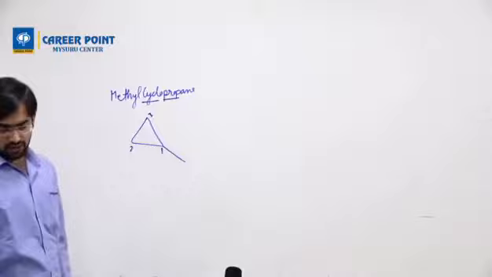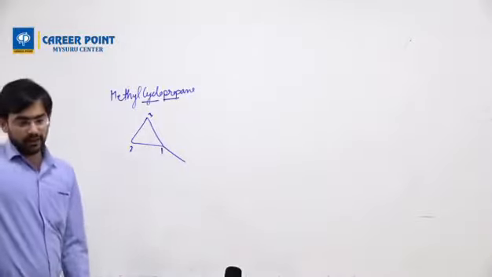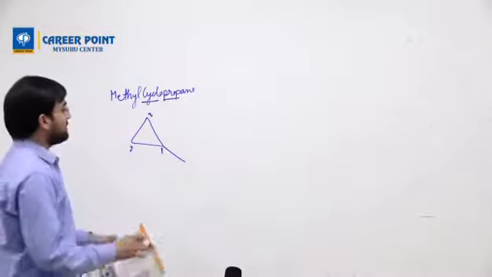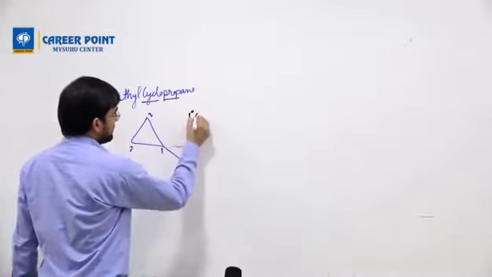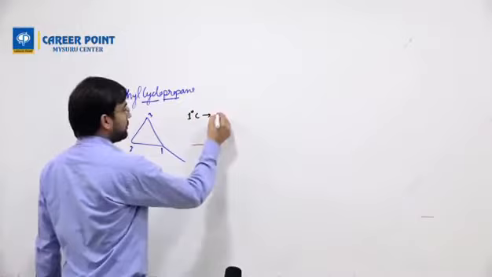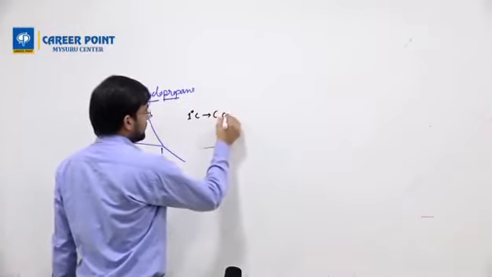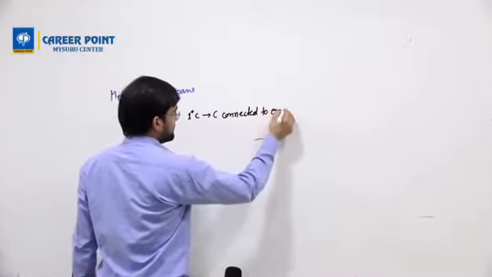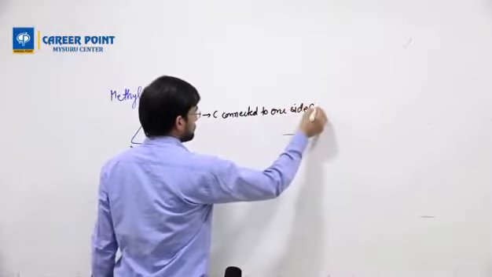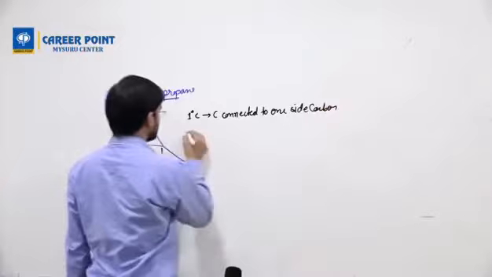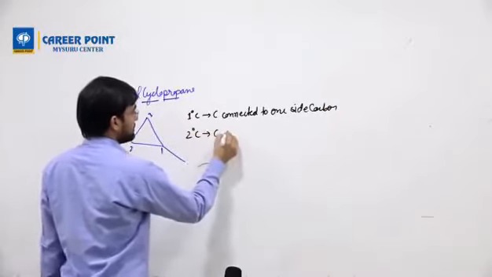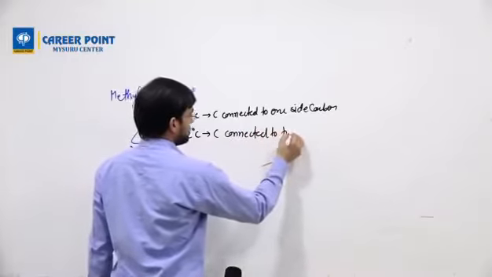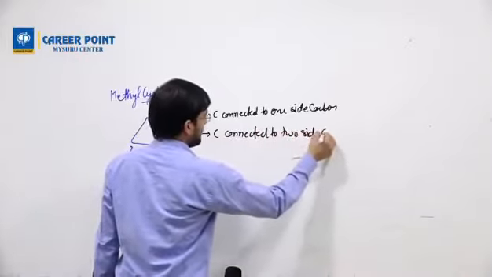Now the question is, what are they asking? How many secondary carbons? Primary carbon is a carbon connected to one side carbon. Secondary carbon means carbon connected to two side carbons.